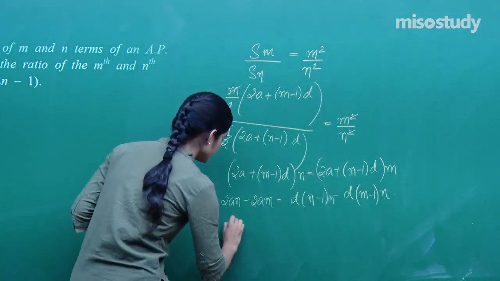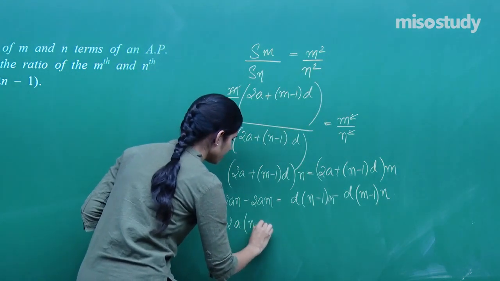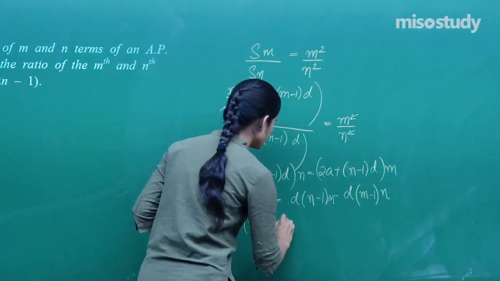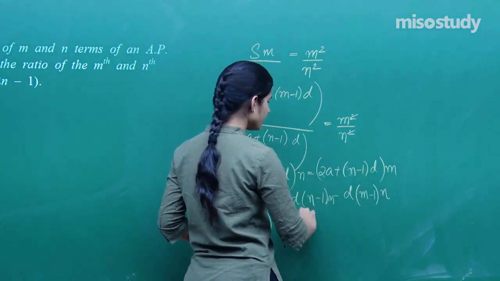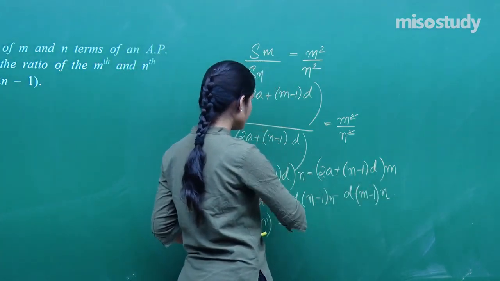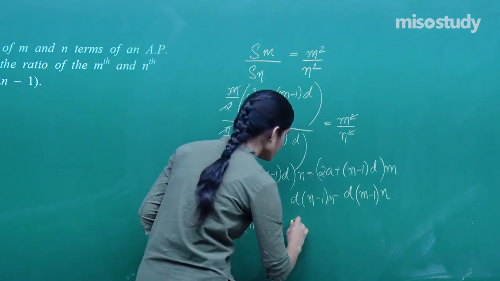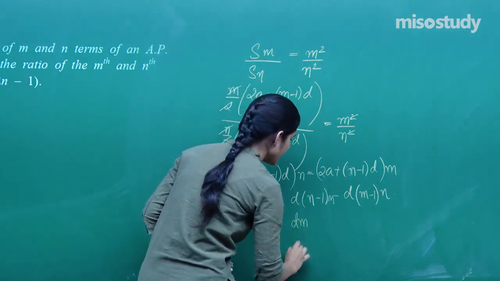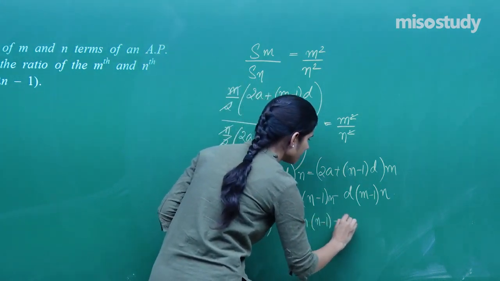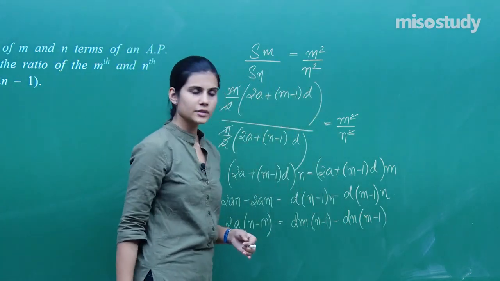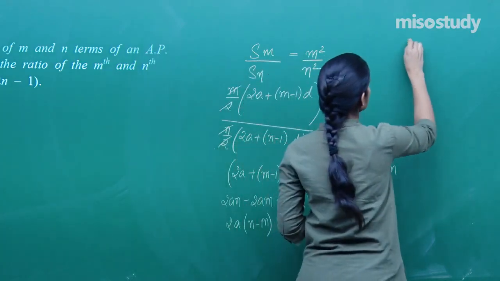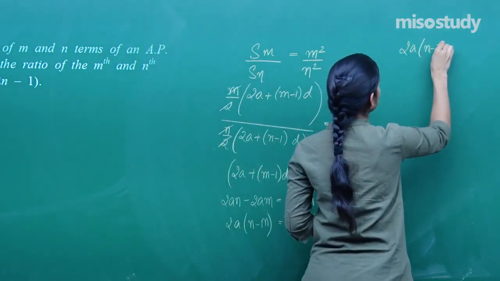Right? This gives you 2a n minus m, and this gives you what? See, over here it was dm n minus 1 minus dn m minus 1. So eventually you get what? dm n minus 1 minus dn m minus 1. You just need to sort this out. This is 2a n minus m.